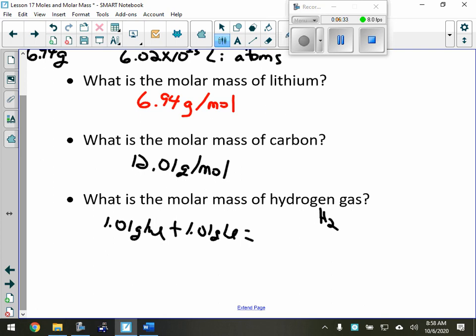So we're going to add those 2 hydrogens together, and the hydrogen in the air right now would have a molar mass of 2.02 grams per mole. Okay, good. So we would take those numbers and add them together, or you can multiply it by 2 if you want, whatever.